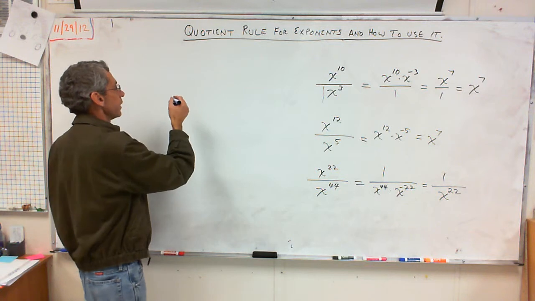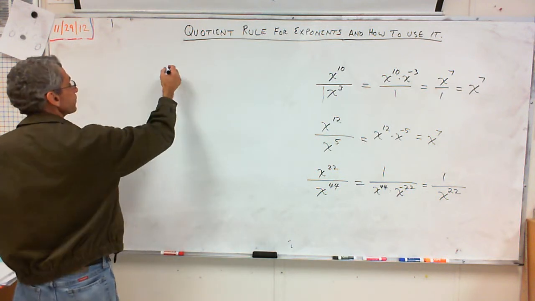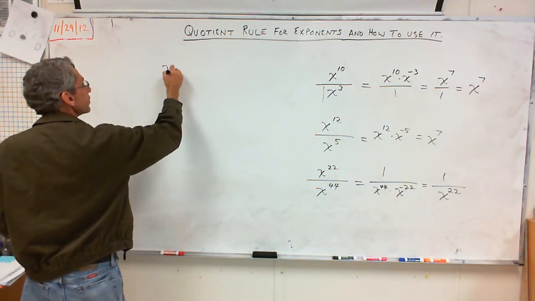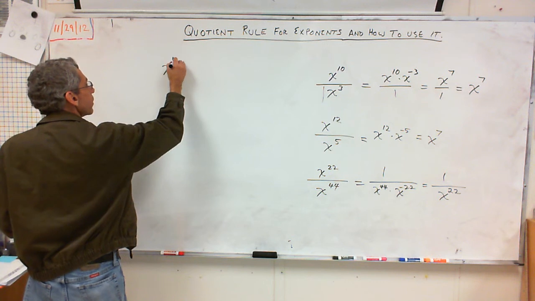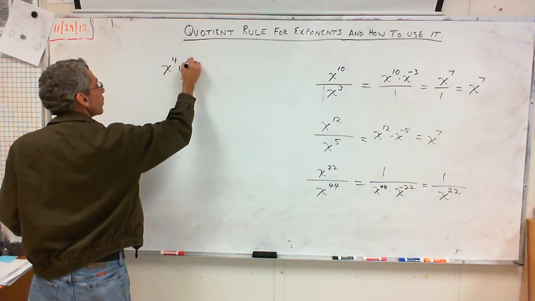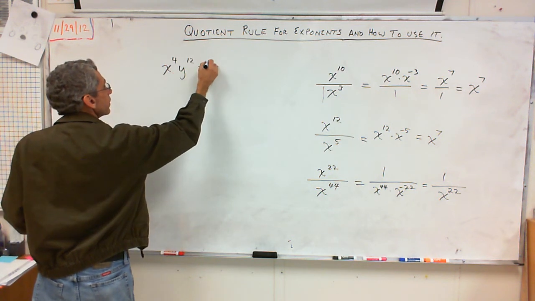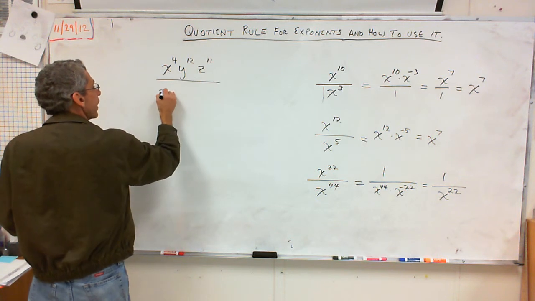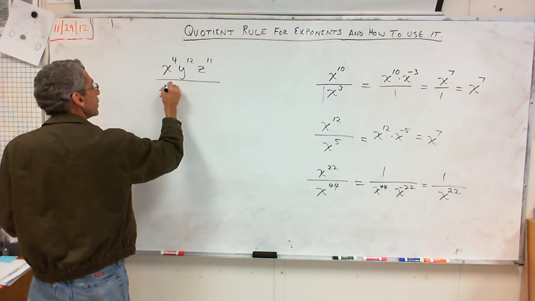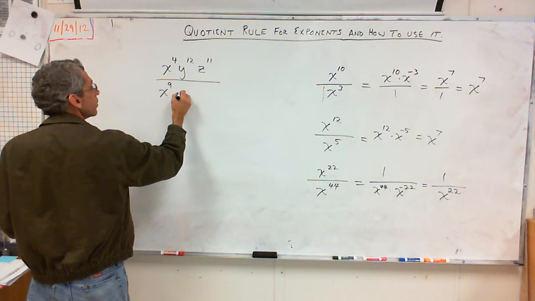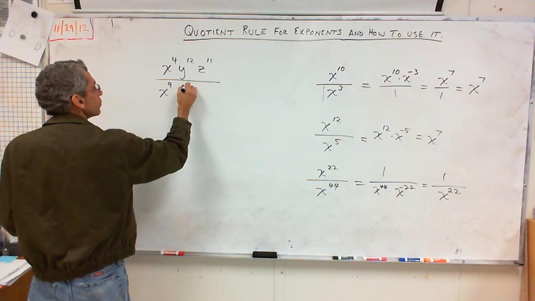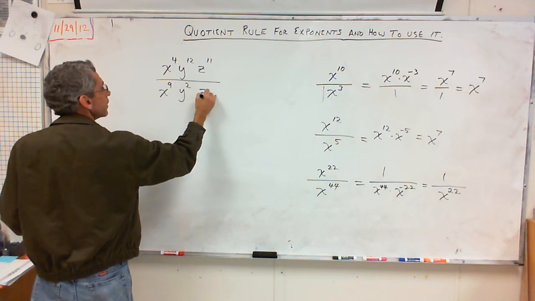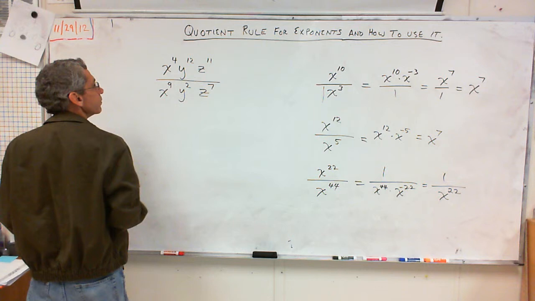If you get a problem like this, x to the 4th, y to the 12th, z to the 11th, all over x to the 9th, y squared, and z to the 7th.